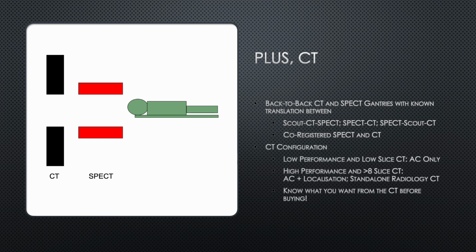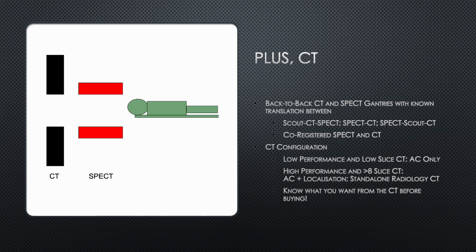And the CT comes with various specifications. Some systems come with a low performance CT, a low slice CT, which is really designed primarily for attenuation correction. Many systems have a slightly higher performance than that, with more than 8 slice CT configuration to perform attenuation correction plus localization.